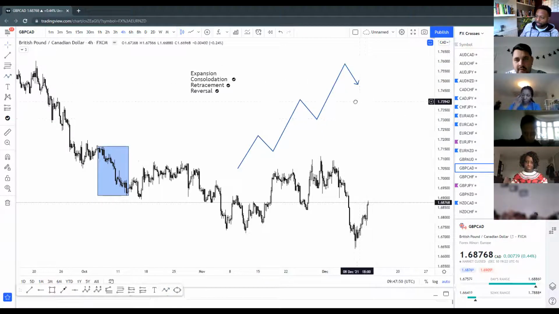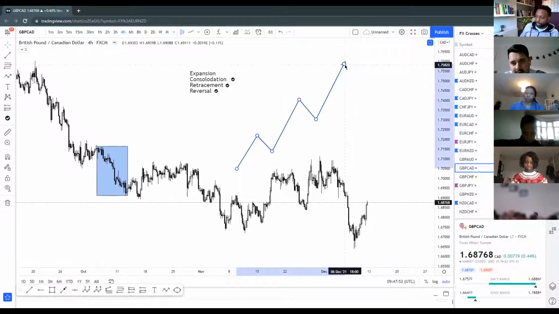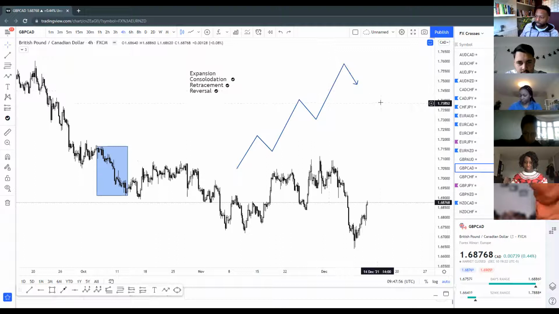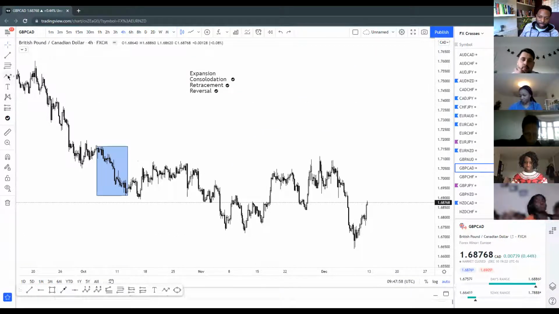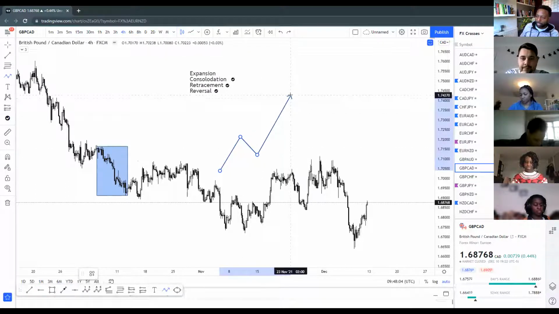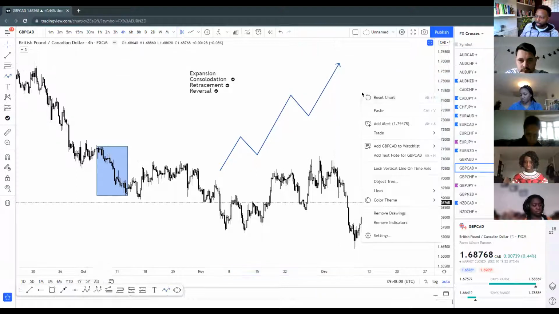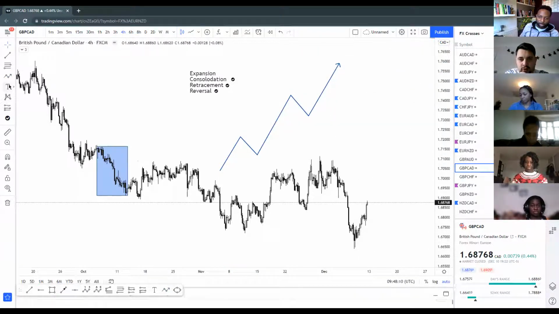So that's basically continuing the trend in whatever direction it's going, upwards or downwards. Absolutely. Okay, so you could do most of that then. Right, it's just the opposite of a retracement.